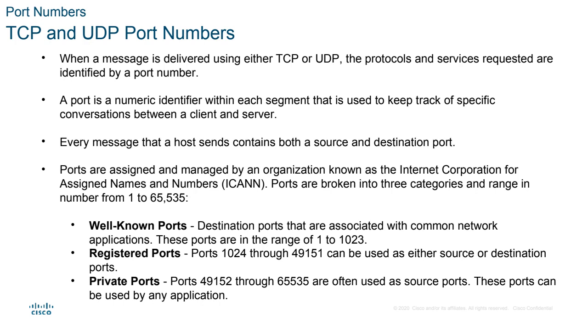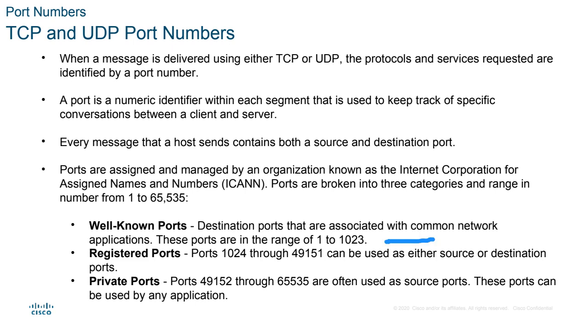Port numbers. The transport layer protocols, UDP and TCP, use port numbers. So each application is given a port number. It's like a door. Please listen to me. Well-known ports are from 1 to 1023.